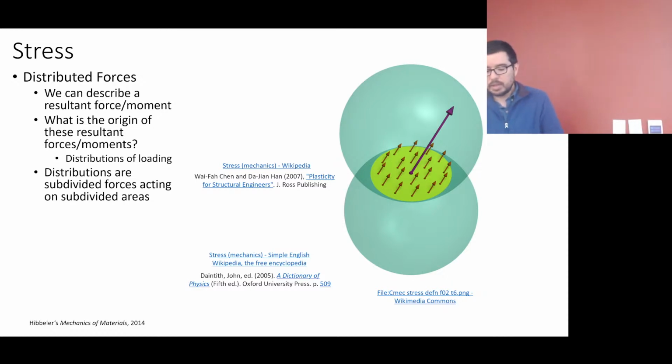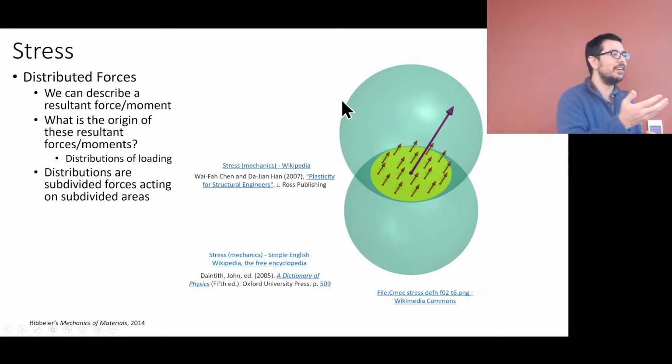Now, it's interesting to note that this internal force needs to be internal. Okay? So on a surface, okay, if I do a cut right there, right, and I look at the air, for our intents and purposes, the air is stress-free. Okay?